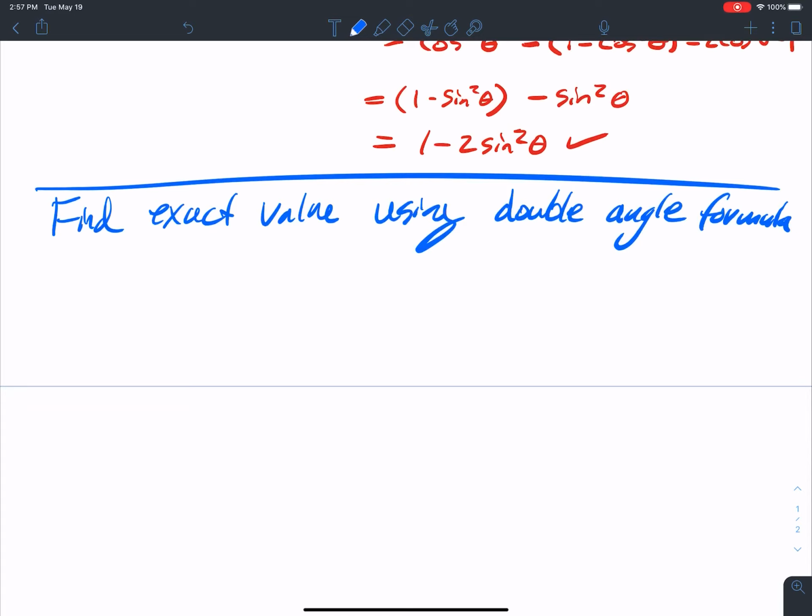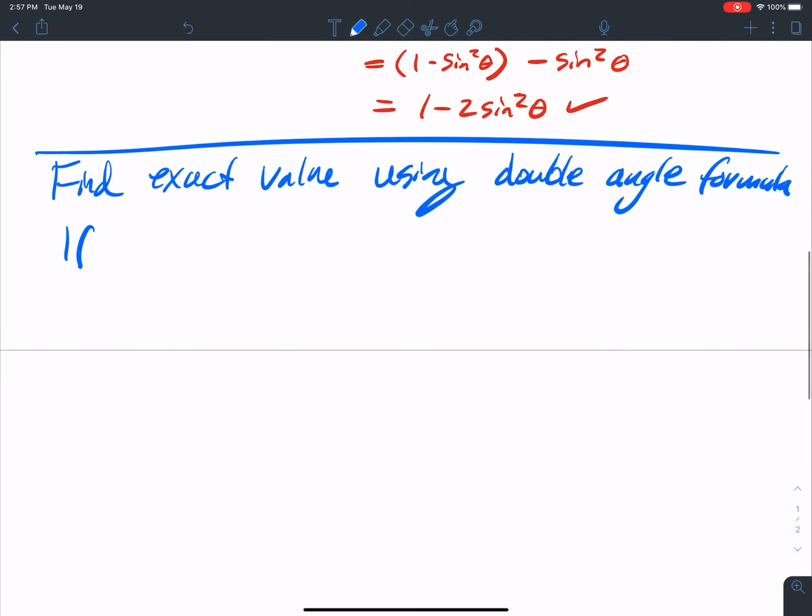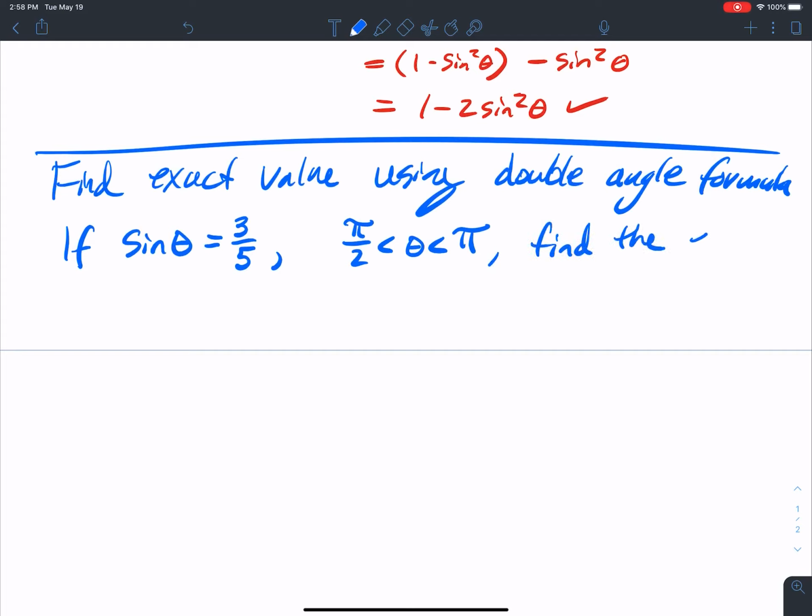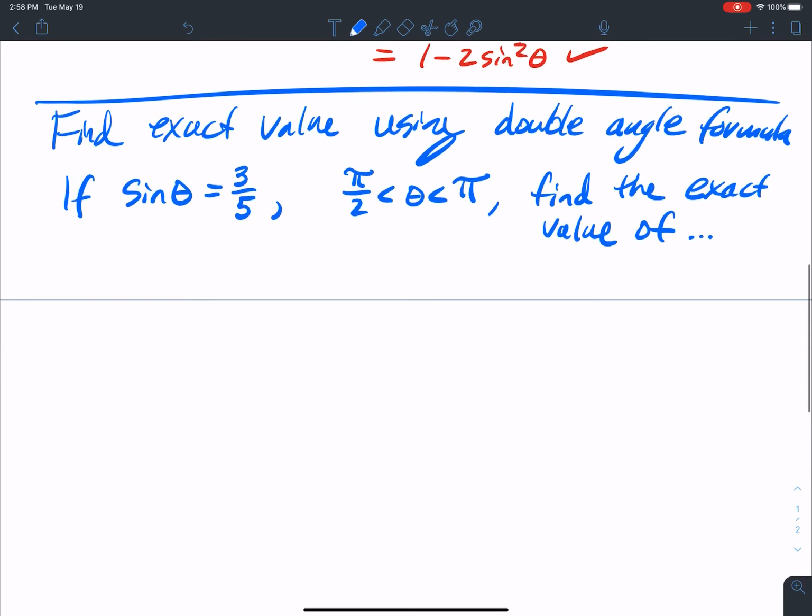Okay, so if sine theta equals 3/5, and theta is between pi over 2 and pi, find the exact value of, well, let's do sine 2 theta, okay?